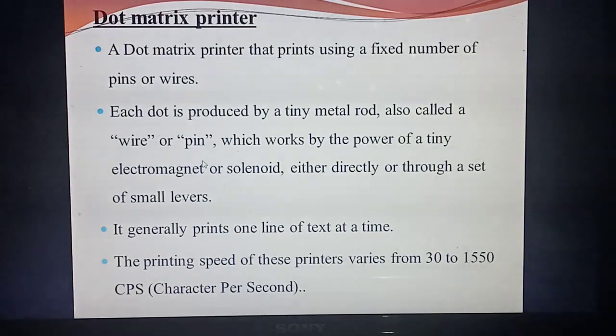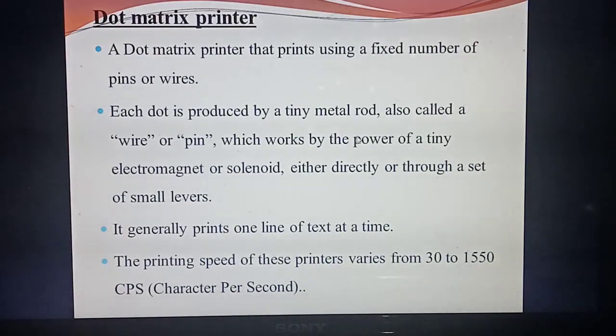So how does this tiny metal rod work? With the power of an electromagnet. In impact printers you have studied the striking of hammers or pins to get a dot or a print, isn't it?